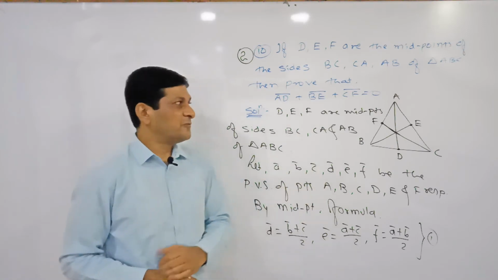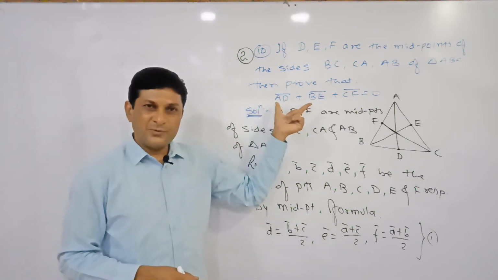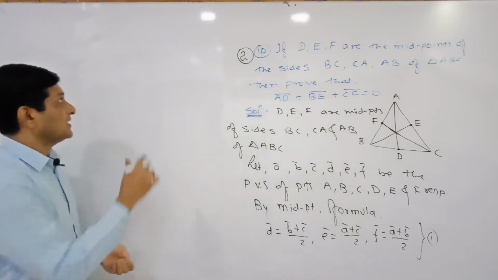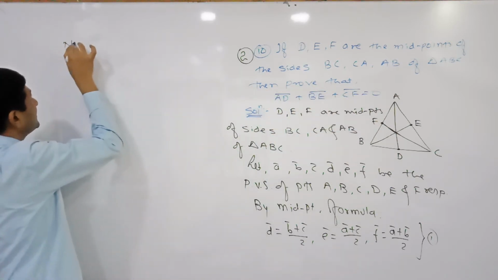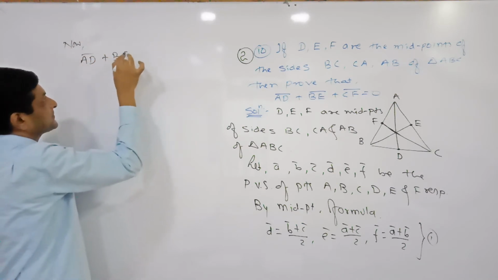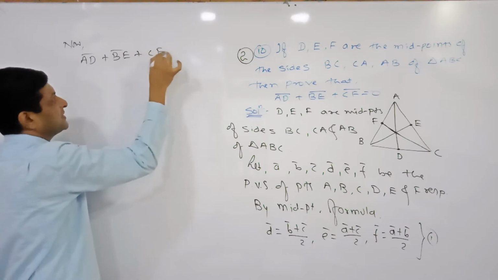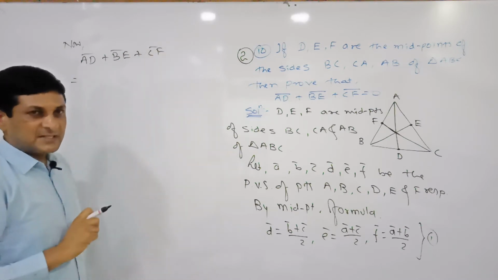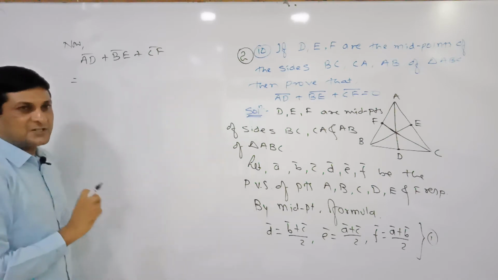Okay, so now we will focus on our required result. We have to show that the addition of these three vectors will be equal to 0. So we are trying to show that the addition of AD bar, BE bar and CF bar will be equal to 0. So we have considered the left hand side. Let us simplify this left hand side and check whether we will get 0 or not.